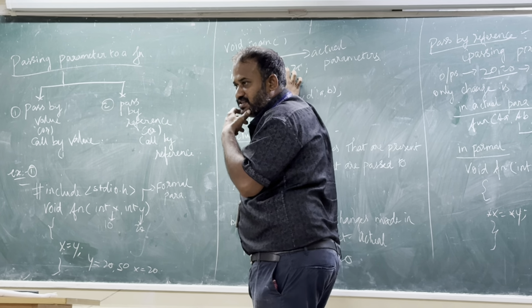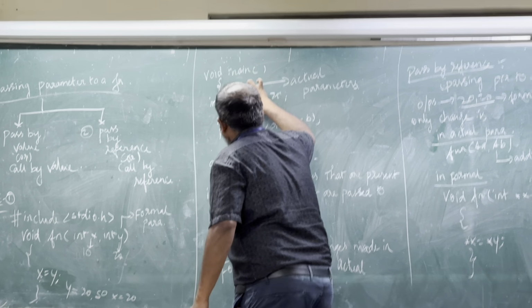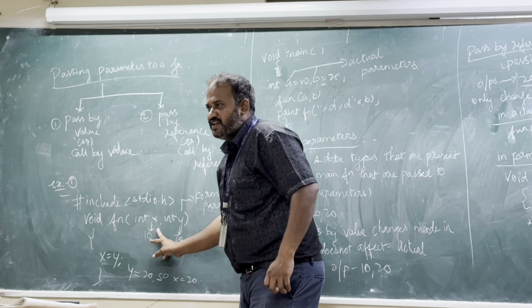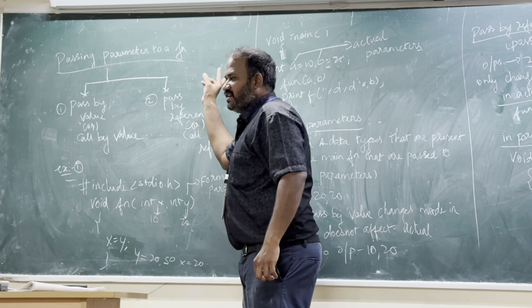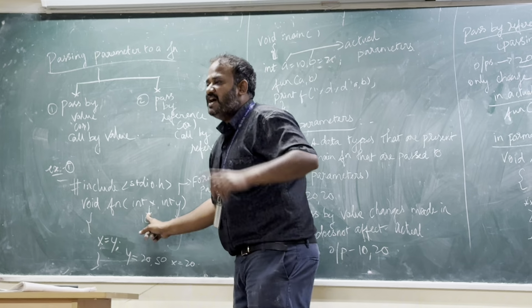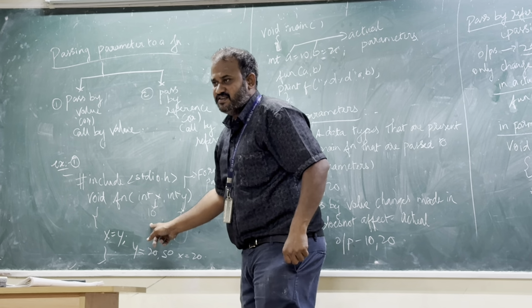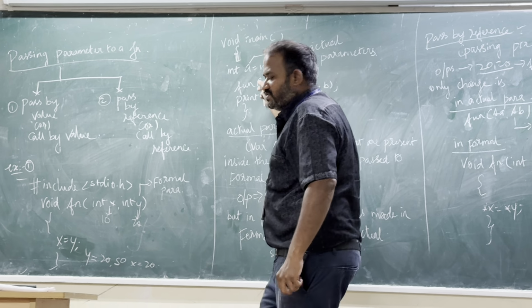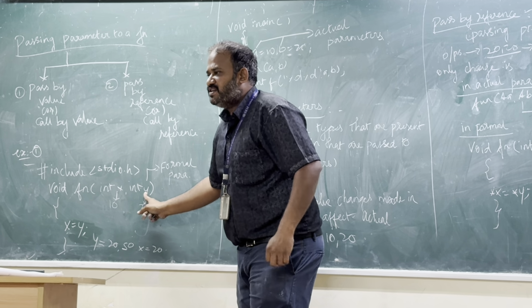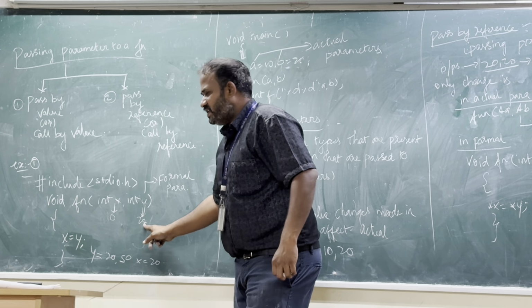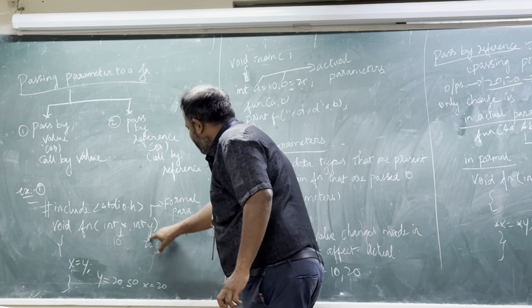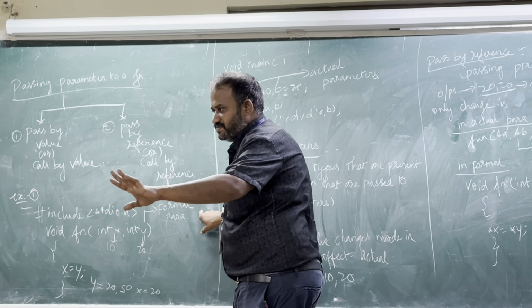Are you able to understand? So what is the value of a? 10. This value 10 is passed to x as 10. And b is 20, and this value is passed to y, so it is 20. Now these become your formal parameters, correct?